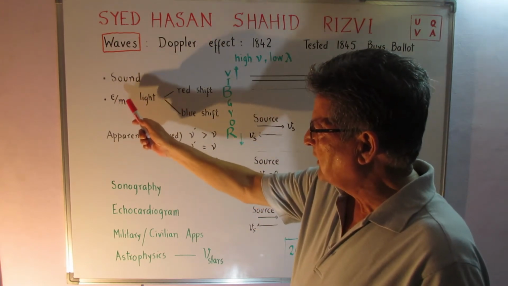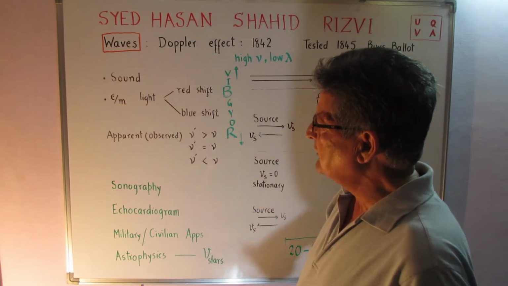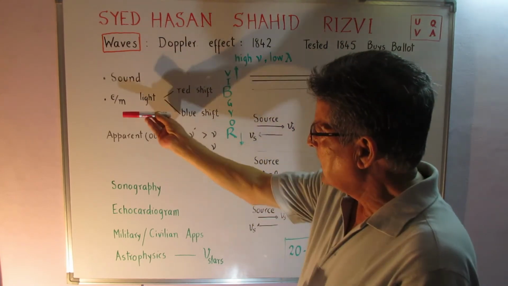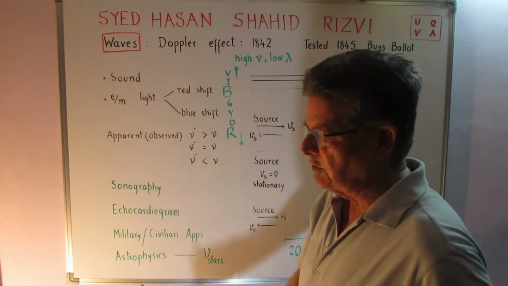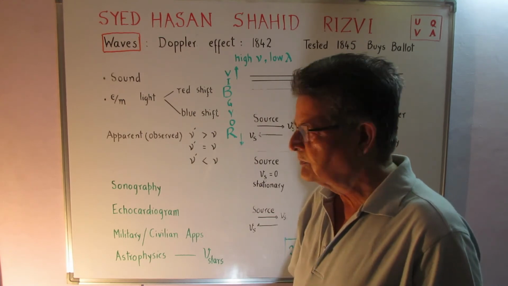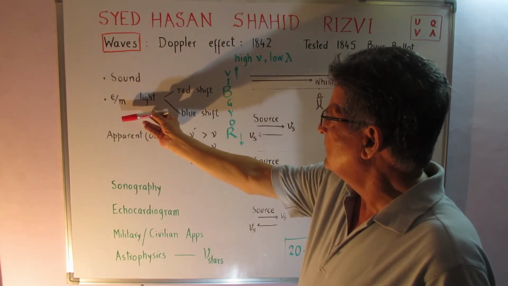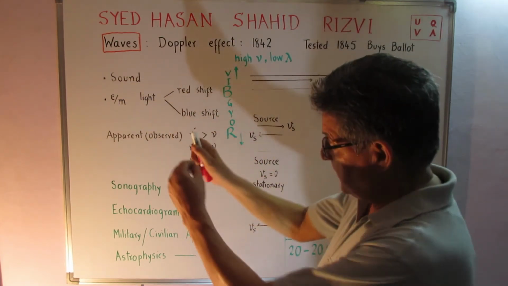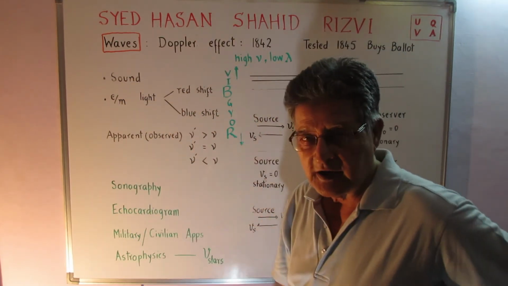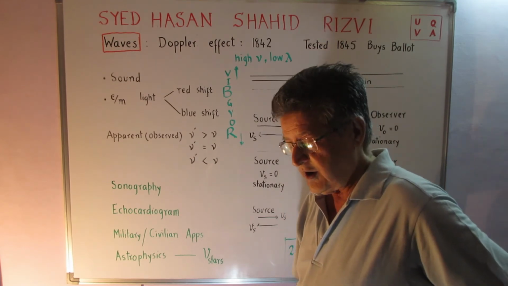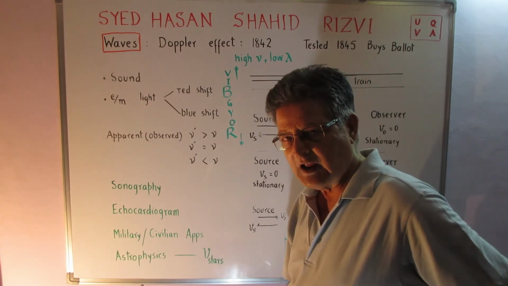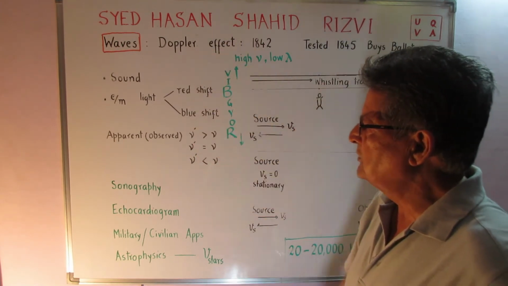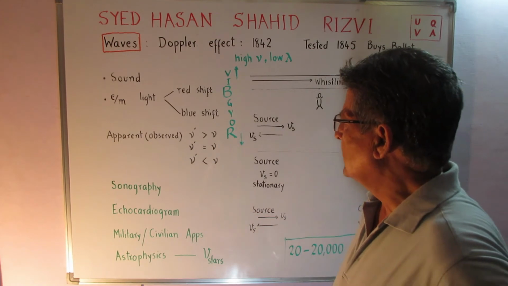Light means electromagnetic waves having a certain band of wavelength known as the visible band, or a band of frequency known as the visible frequencies. Beyond on the two sides, one side is the infrared, less than the visible frequencies, and the other side is ultraviolet.